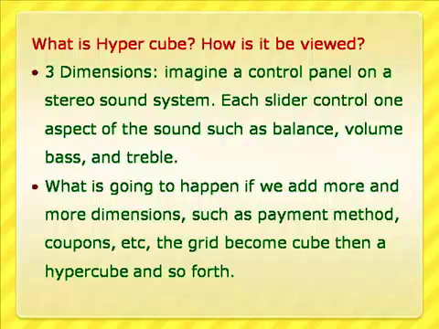So what is going to happen if you add more and more dimensions such as payment method, coupons, etc.? The grid becomes a cube. That means if I add payment method to the location and product dimensions, it is a 3-dimensional cube. When coupons are added, it becomes a hypercube, which we call 4 dimensions in this case, and so forth.